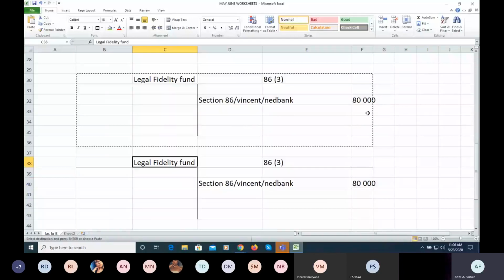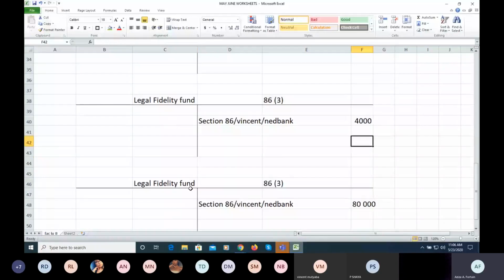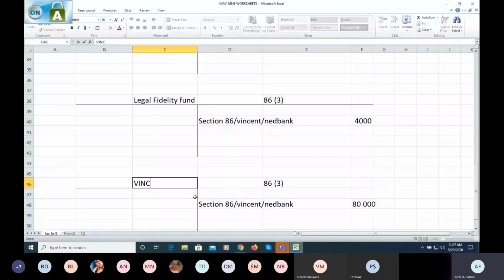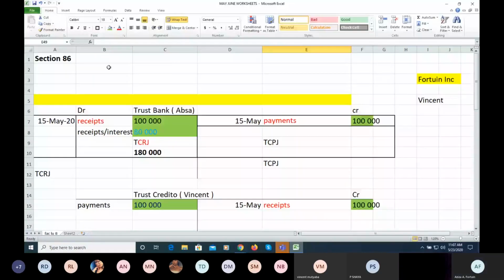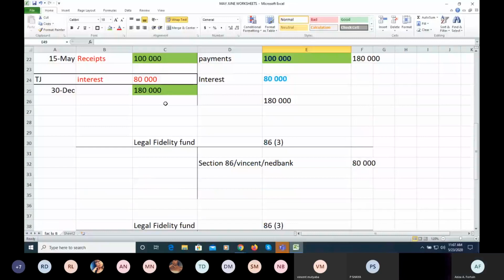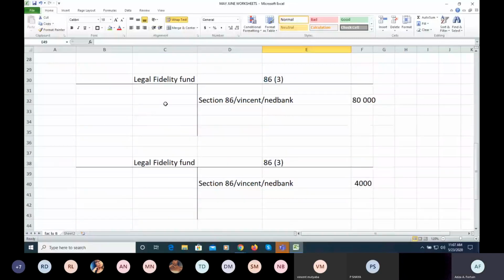Let's just calculate it quickly. 80,000 times 5% is 4,000. So 4,000 will go to the legal fidelity fund, and Vincent will get the 76,000. So this is basically the gist of 86.3 and 86.4.